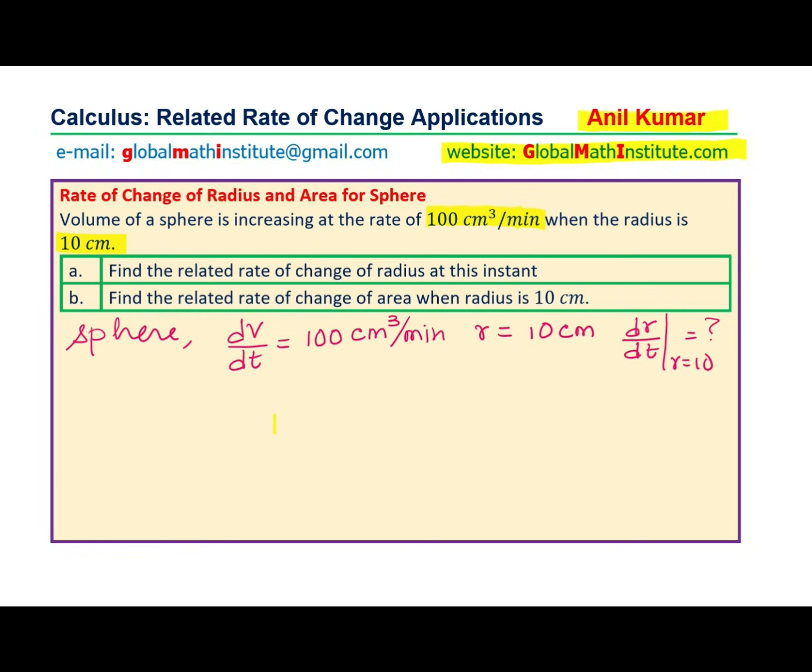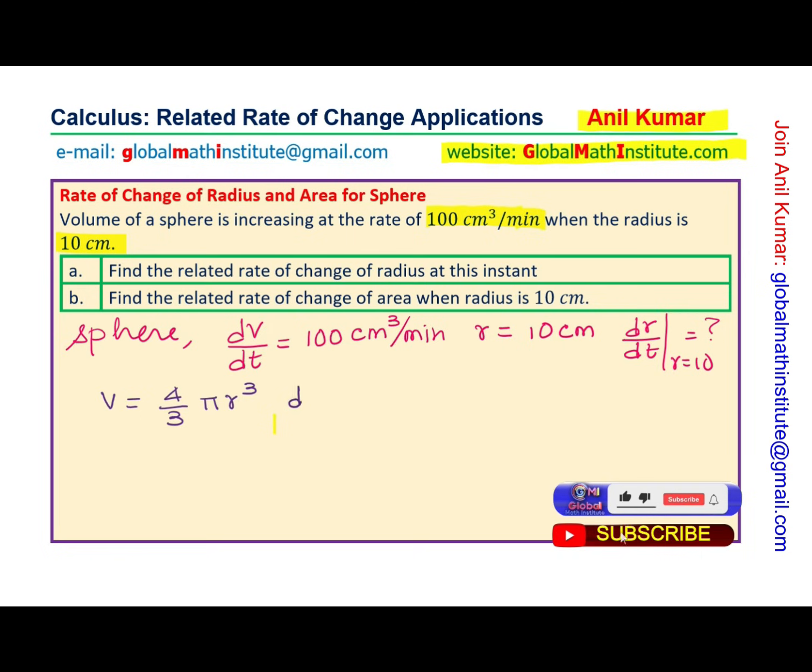First step is always write down what is given and what you need to find. Second step, write down the related equation. We're talking about volume. Volume of the sphere is 4 by 3 pi r cube. We are given dV/dt. We want to find dr/dt. So we are going to differentiate with respect to time.